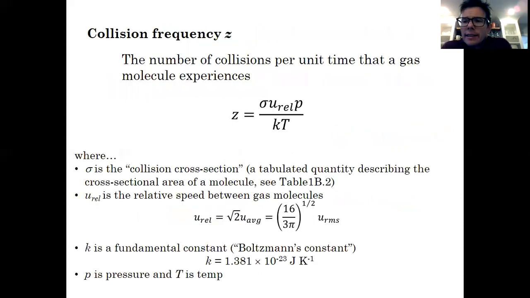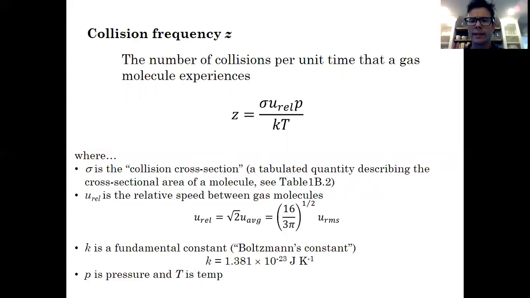You can use this same type of analysis to calculate other quantities. So there's two we're interested in. The first is the collision frequency Z. The collision frequency is the number of collisions per unit time that a gas molecule experiences. It's given by this equation here. There's a couple new variables in here. The first is this one, sigma. Sigma is a collision cross-section. It's a tabulated quantity that describes the cross-sectional area of a molecule.